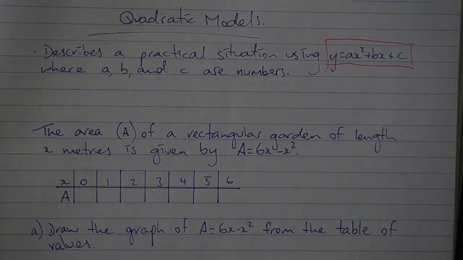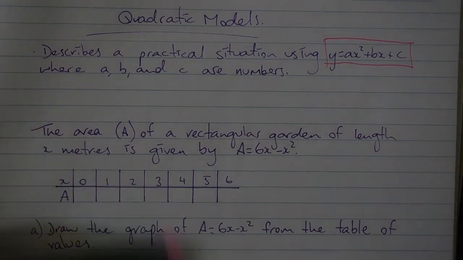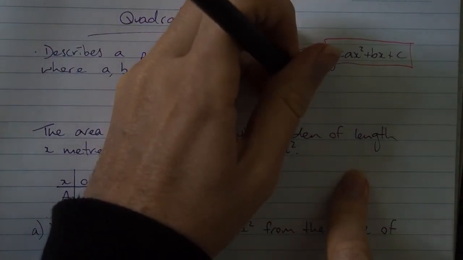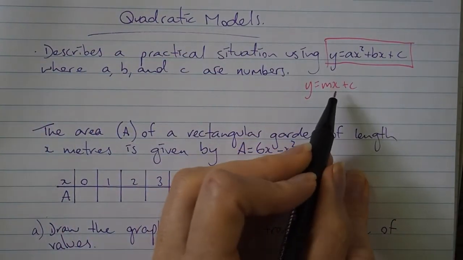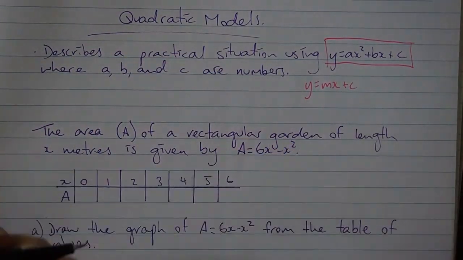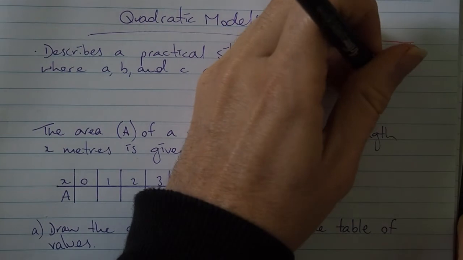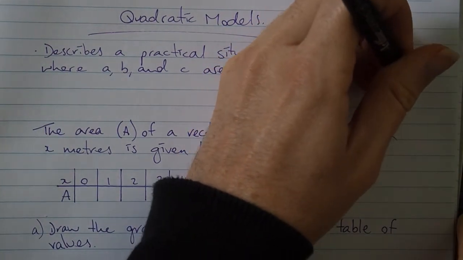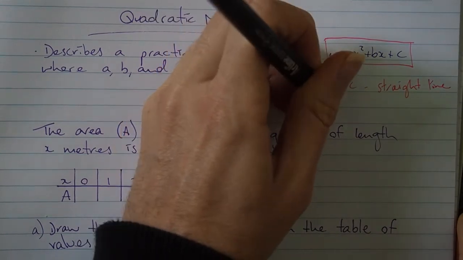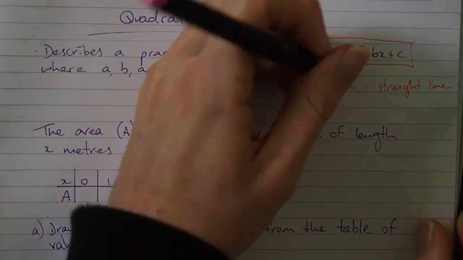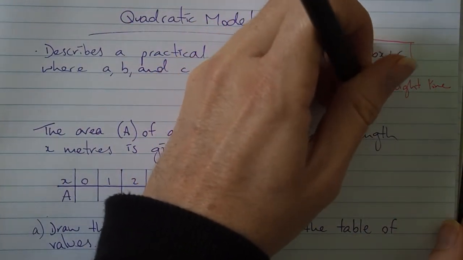So where we have a linear equation, where something might be y equals mx plus c, that's where x has no power at all. So we've seen that's a straight line. And we've also seen y equals a to the power of x, which makes an exponential graph.